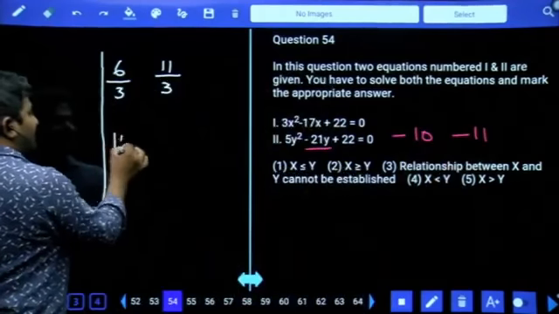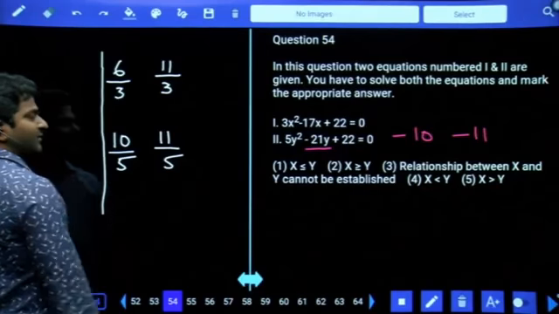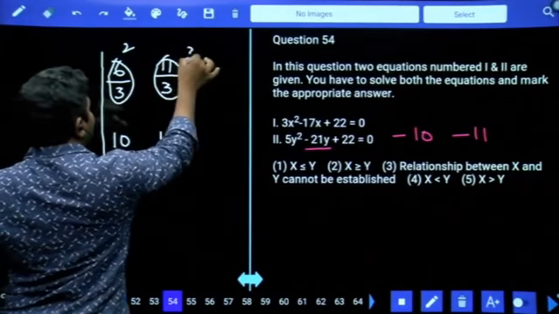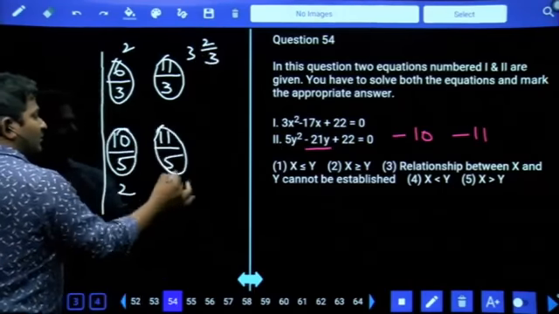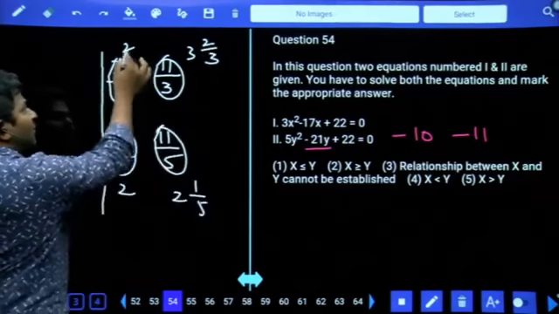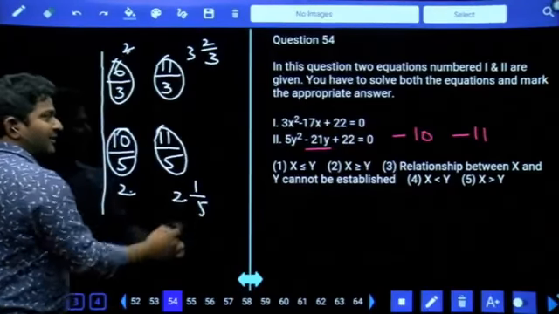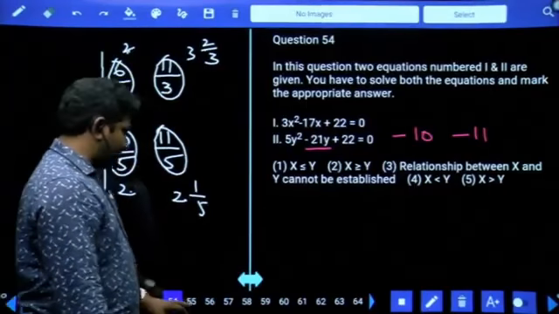Factors are plus 10 plus 11 divided by the coefficient of y square, that is equal to 5. This is 2 here, 3 2 by 3. This is 2 here, 2 1 by 5. 2 and 2 equal. X less than y, x greater than y. We are getting less than condition as well as greater than condition. Relation cannot be established.